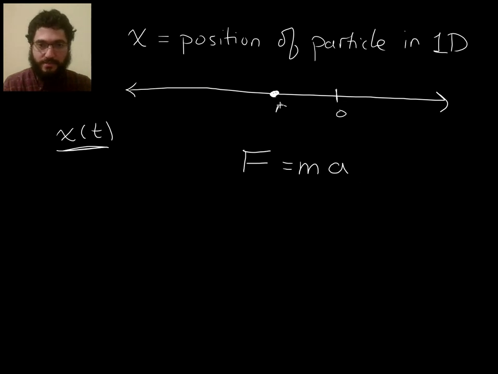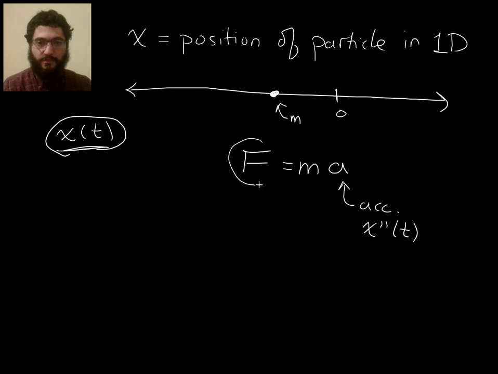Let's suppose that m is the mass of the particle. So m is just a constant here, and a is the acceleration, which means what? It's the rate of change of the velocity, which is the rate of change of the position, which is what we are calling x of t here. So the acceleration is the second derivative of x.